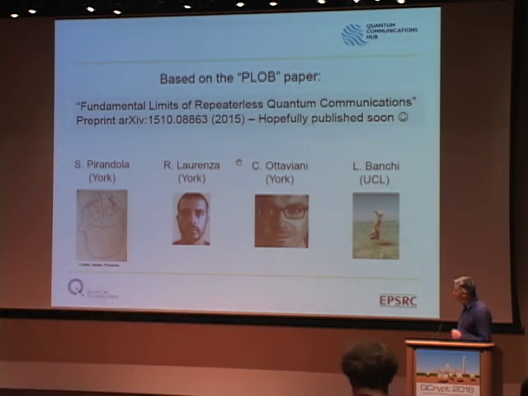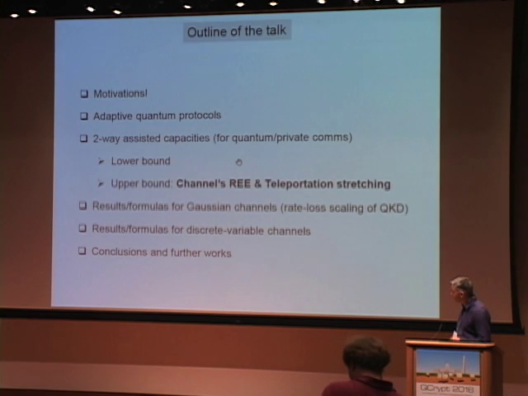But here we go. Let me give the outline of the talk. I will start with motivations, so why we have tried to achieve what we have done. And then I will talk about some definitions. You've already seen some of these in the previous talk by Mark Wilde about adaptive quantum protocols.